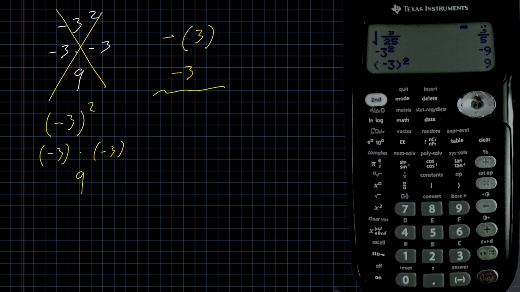Calculators handle the negative symbol using this opposite-of interpretation. The problem with it is the way they are programmed: the opposite of 3 is -1 times 3. That's how this is programmed into the calculator.